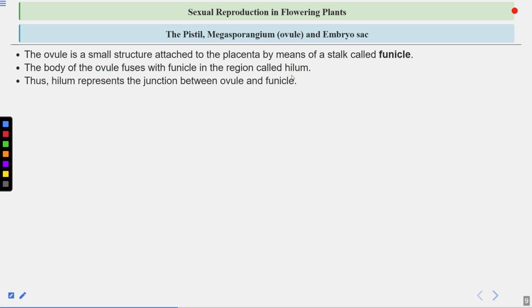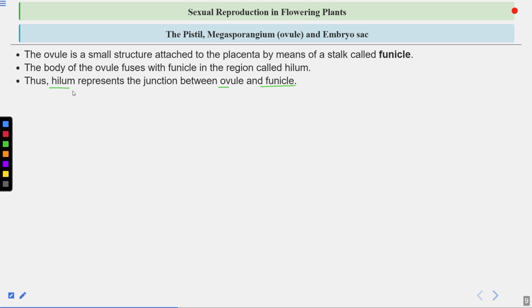Thus, the hilum represents the junction between the ovule and funicle. Very, very important. In the examination, it could be asked in a fill-in-the-blanks form of question. The dash represents the junction between ovule and funicle, right? Four options could be there and the correct answer will be the hilum. So when you study, you must think about what type of question can be asked.